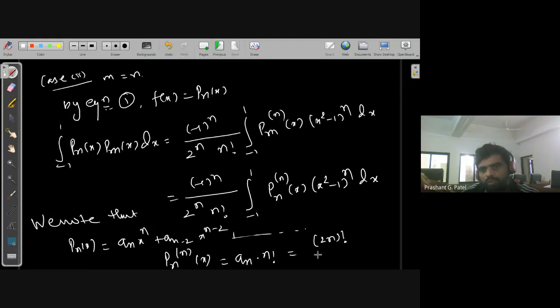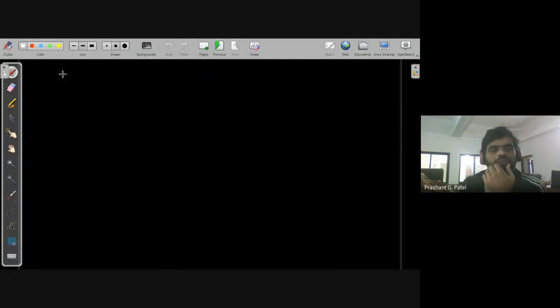That is 2n factorial upon n factorial square into 2^n, into this n factorial. So this one n factorial is cancelled out. So finally, the nth derivative of Pn will be 2n factorial upon n factorial into 2^n.